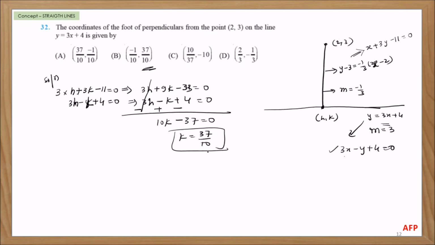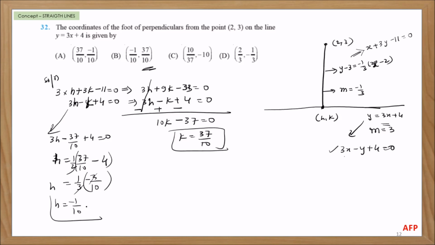If you substitute this value in the equation 3h - k + 4 = 0, h = (37 by 10 - 4) times 1 by 3. So h = (-3 by 10) divided by 3. You will get cancel, h = -1 by 10.